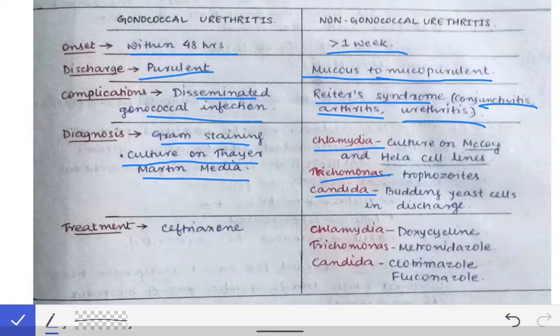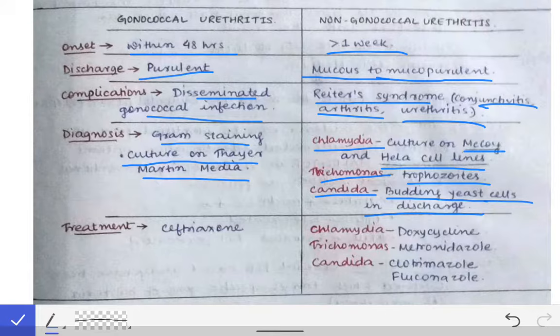Chlamydia can be cultured on McCoy and HeLa cell lines, while Trichomonas is identified by trophozoites, and Candida is identified by budding yeast cells in the discharge. So that is the difference in diagnosis of gonococcal and non-gonococcal urethritis.